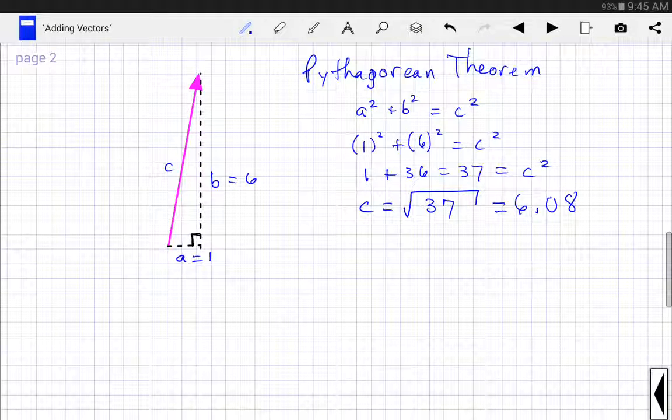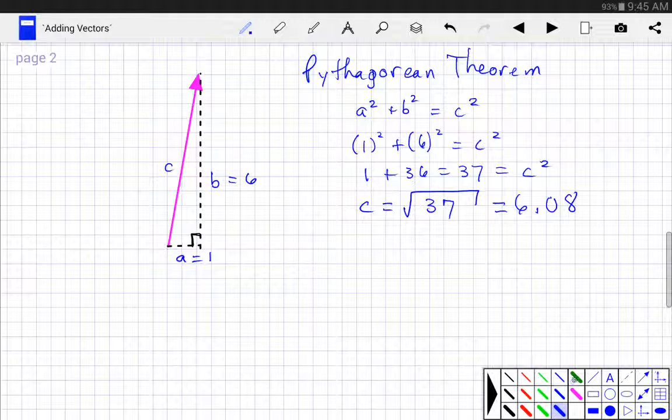The hypotenuse cannot be equal to either of the sides of the right triangle. It has to be larger than the other two sides. So if I put 6 here for c, it would look misleading. But that's how we find the magnitude of our resultant, or the magnitude of any vector. Now for the next part, I need an angle, a direction.